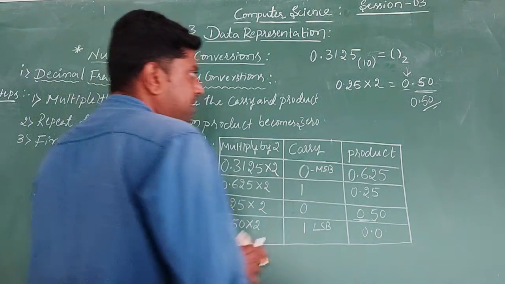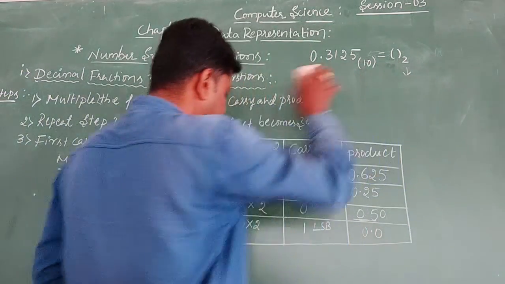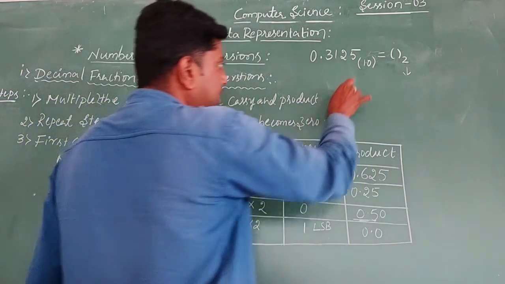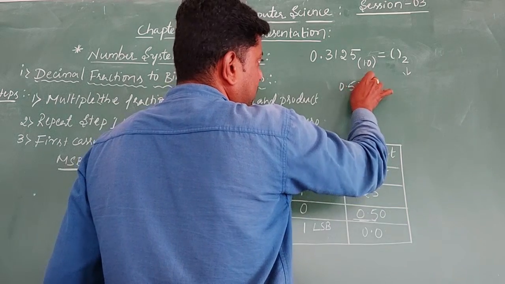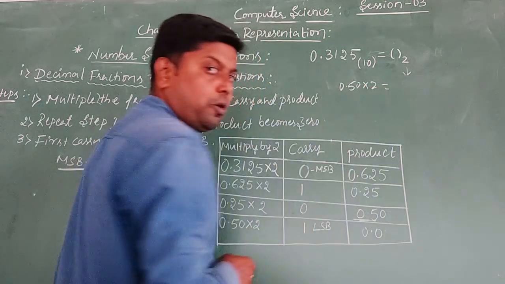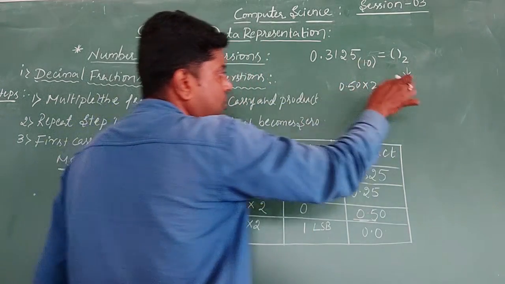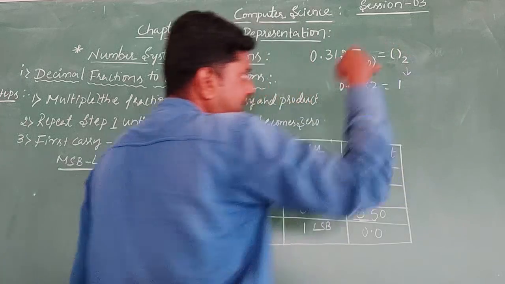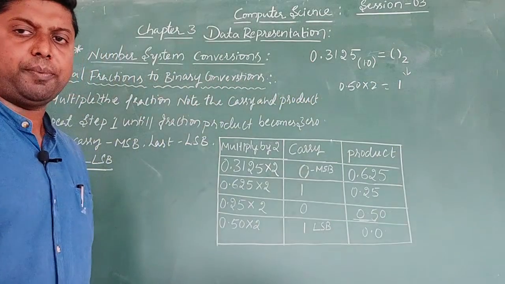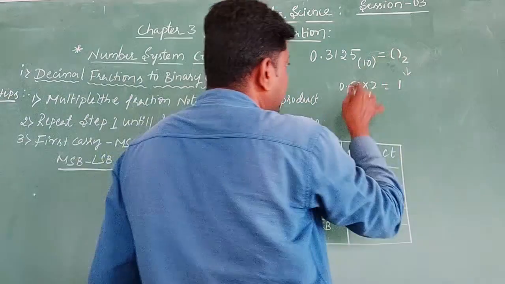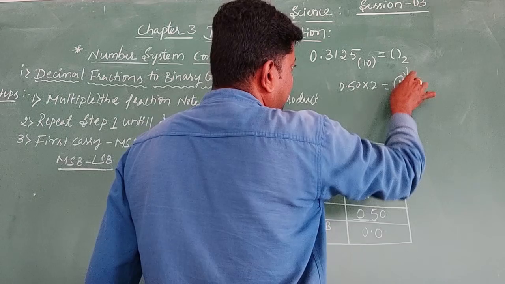Then if I consider 0.50 multiplied by 2, 0.50 into 2 means the answer you will get is 1. So hence the carry will be 1 only.